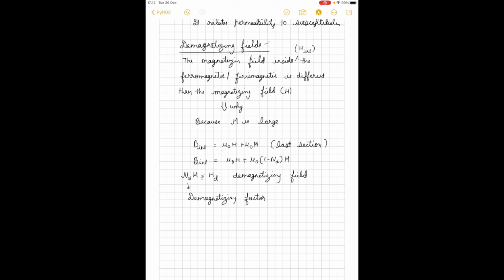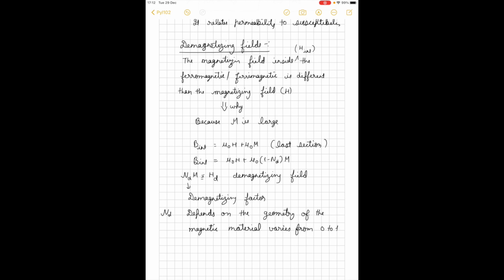This demagnetizing factor depends upon the geometry of the sample or of the magnetic material, and it varies from 0 to 1. So depending upon whether the material is in toroid, cylindrical shape, or sphere, it can change.